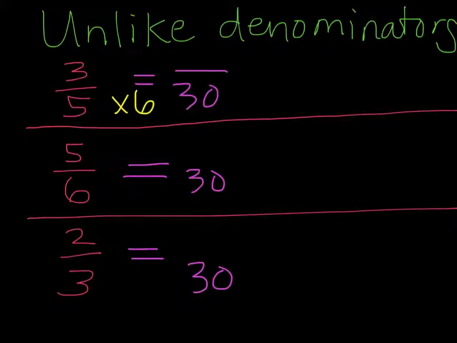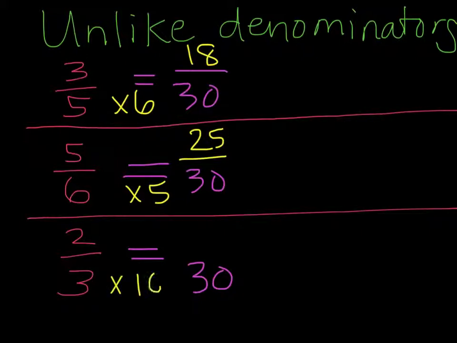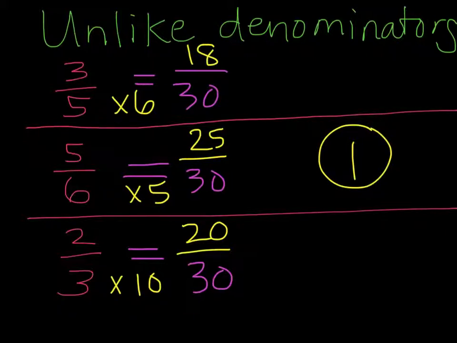Whatever I do to the denominator, I'm going to do to the numerator. That gives me 18. 6 times 5 gives me 25. And here it's going to be times 10, which would give me that 30. Now I have the same denominators, and I can say this one is the largest, this is the second largest, and this one is the smallest.